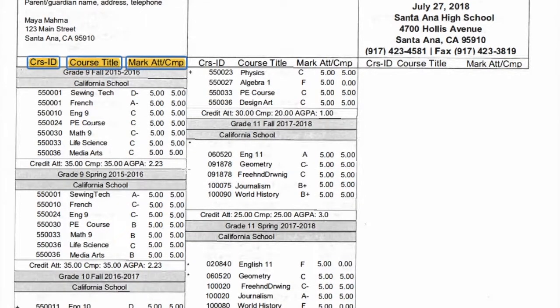This transcript in general is pretty average. It represents the most common scenarios. So you see right here, 9th grade fall semester for this student, and then you'll see spring semester. So every year has a fall and a spring semester if it's on a semester system, which most schools in California are.